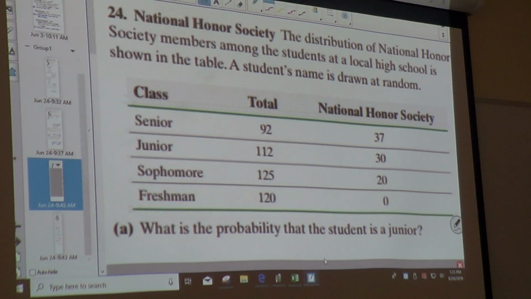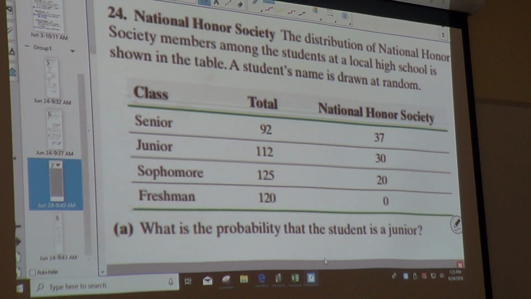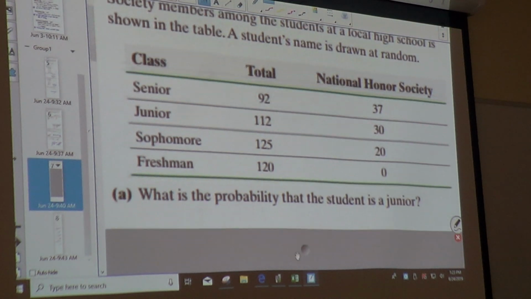The distribution of Honor Society members at a local high school is shown below. We draw a student's name at random. What is the probability that the student is a junior? You add up all under the total column and then do 112 divided by total.